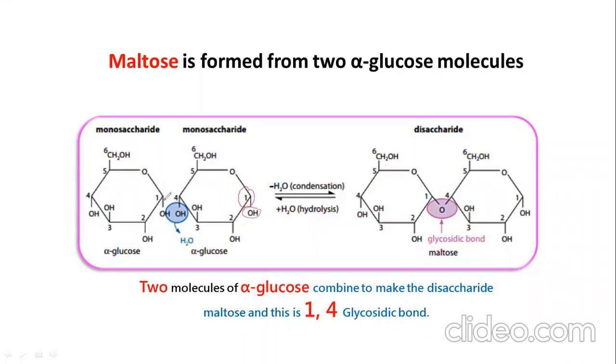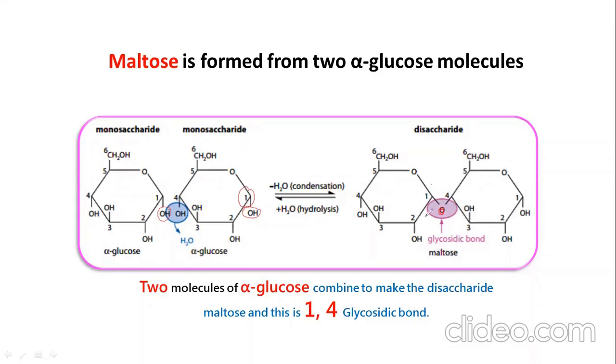Here at position carbon number 1, hydroxyl group down, that is alpha glucose. So again a condensation reaction takes place, elimination of water. Am I clear? Elimination of water and that forms what? Glycosidic linkage. This oxygen bridge is what? Glycosidic linkage.